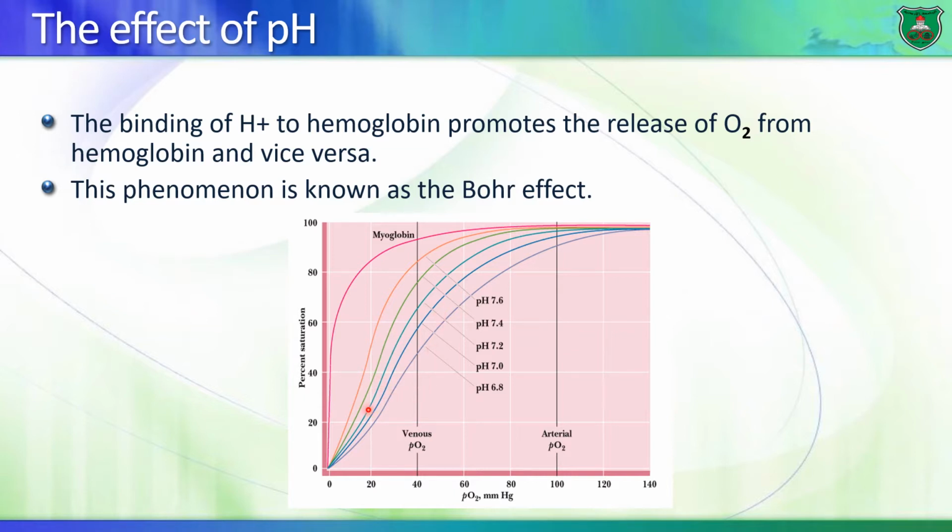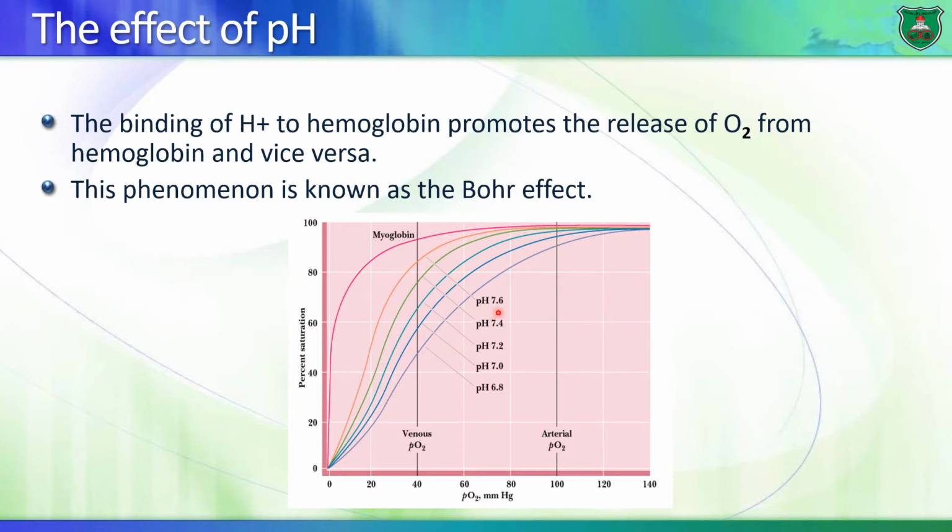You can see in here, this is at 7.4, that's physiological pH, in green. If you decrease the pH, the affinity decreases. And this is measured by P50, right? So the idea is that you would need more oxygen to get to 50% saturation of the hemoglobin molecules.